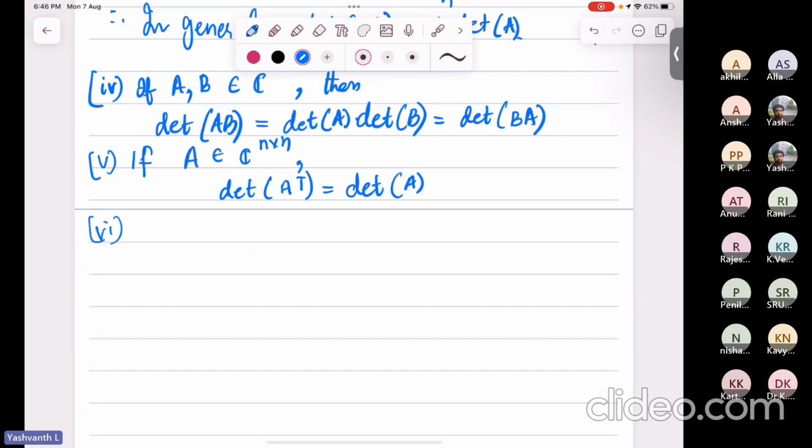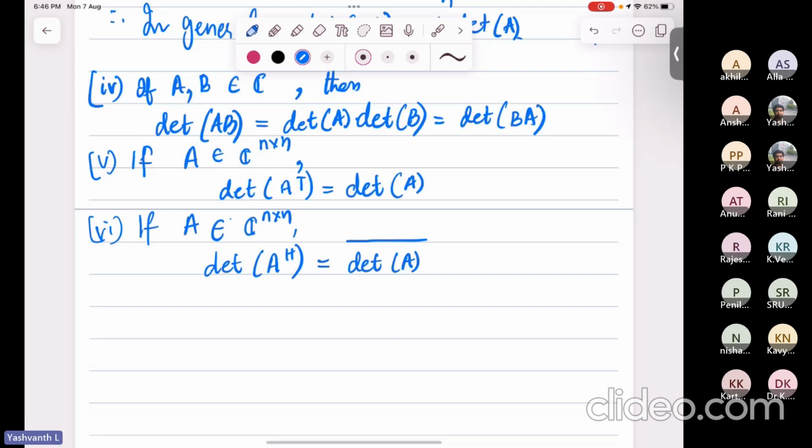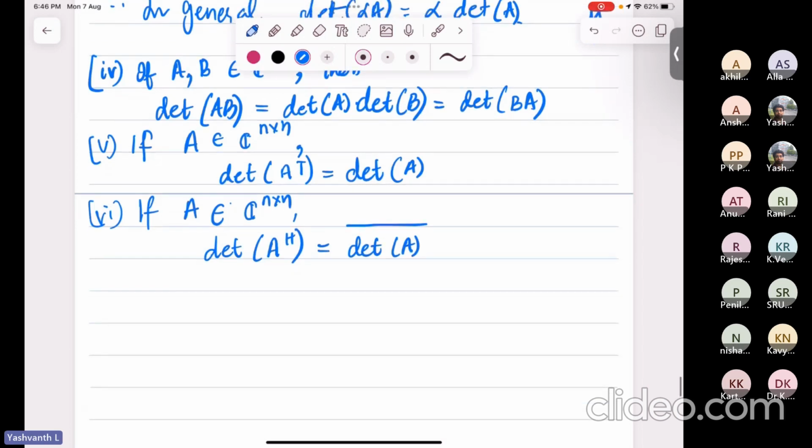On the other hand, the following property is a little interesting: if A belongs to C to the n by n, then determinant of A Hermitian is equal to the determinant of A, conjugated. Just take the conjugate. It's going to be some scalar complex number. Take the complex conjugate of the number, and that will be the determinant of A Hermitian.